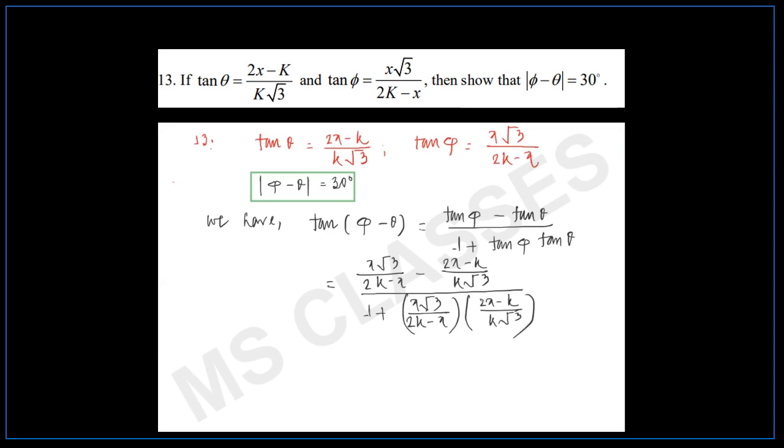Now here, this simplification will be comparatively easier because you can see root 3 getting cancelled out. That's the formula you have to put, nothing else. Now after that, we can simplify this.